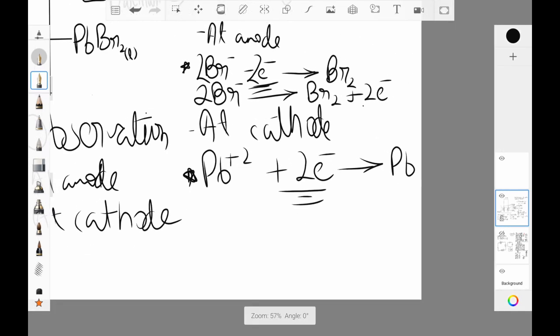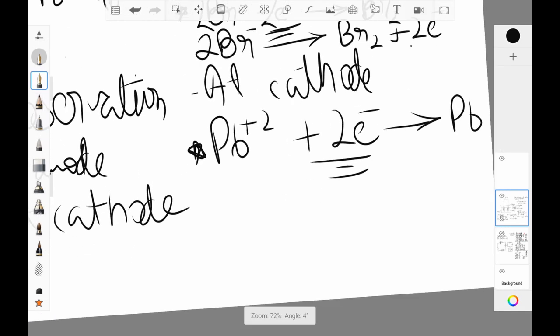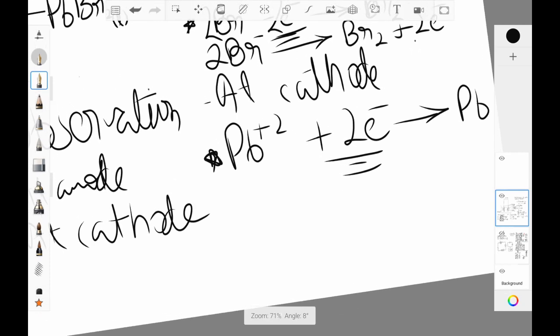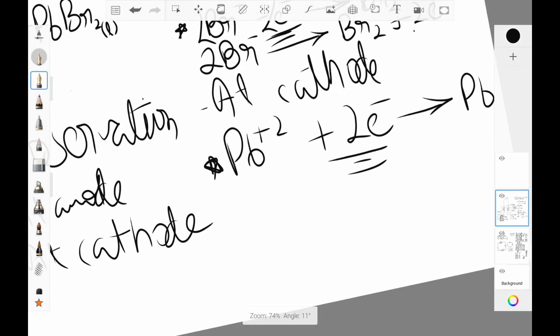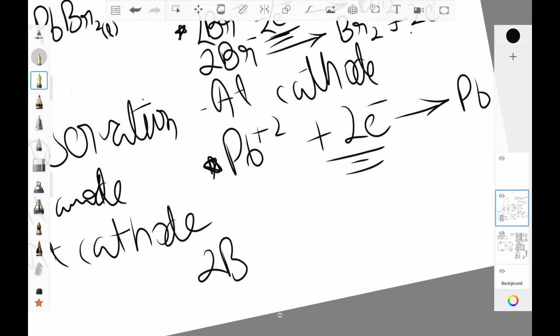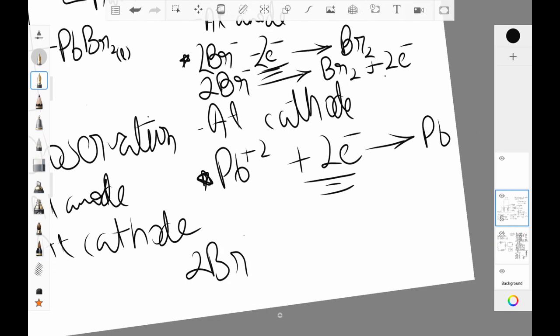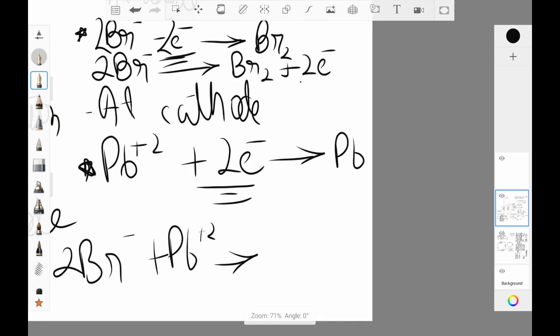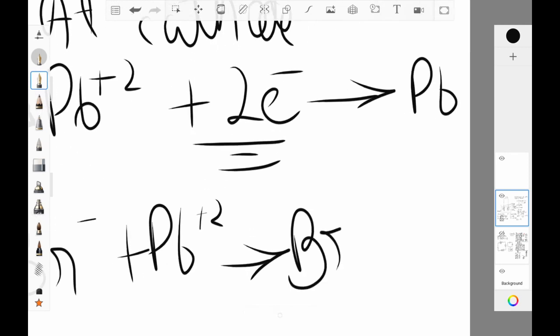You can get something called a full cell ionic equation, which is just a combination of the two equations. What I mean is that you can write it as two bromide ions combining with a lead ion to form a bromine molecule and lead.